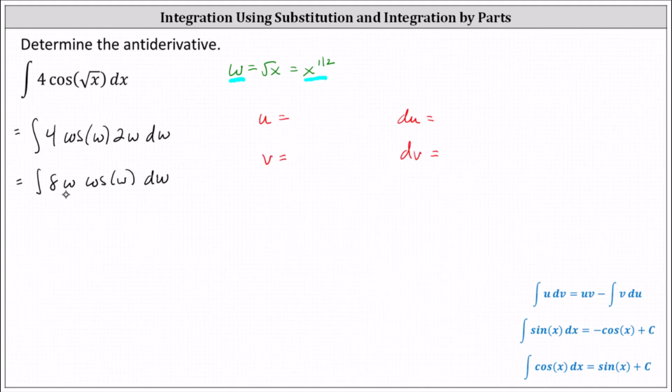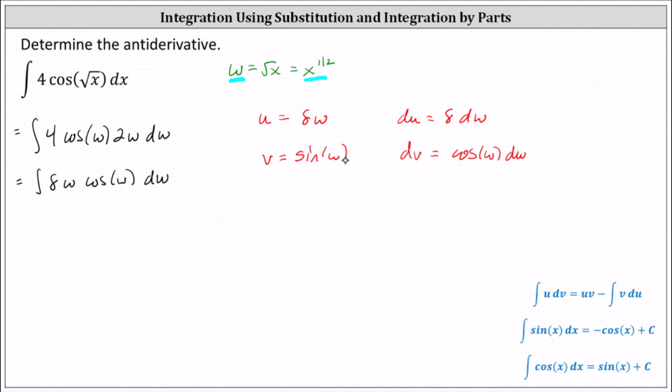We will let u equal 8w, and therefore dv equals cosine w dw. And now du equals the derivative of 8w with respect to w times dw, which is 8 dw. And v equals the integral of cosine w dw, which is sine w plus c, for now just sine w.